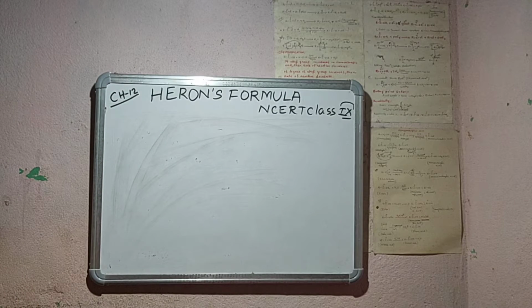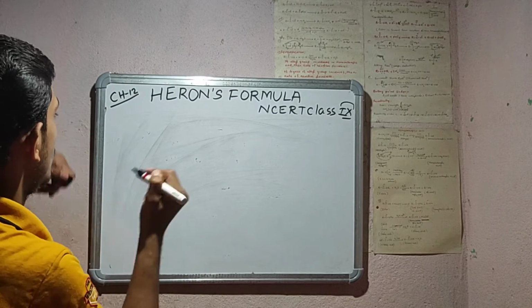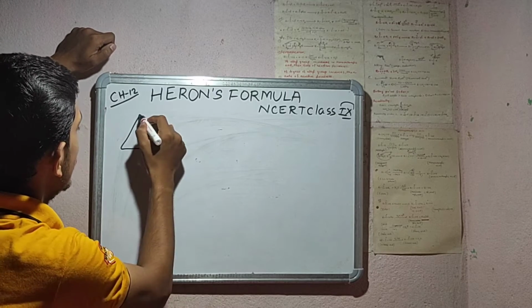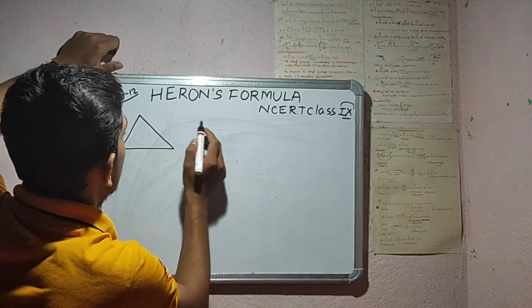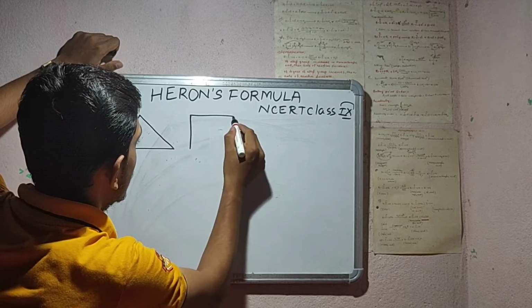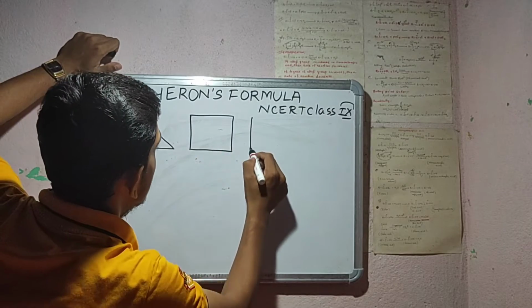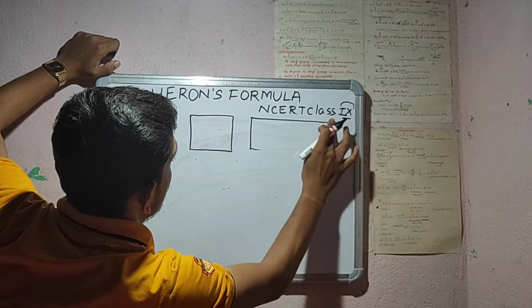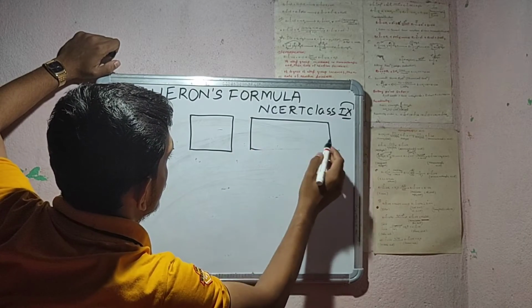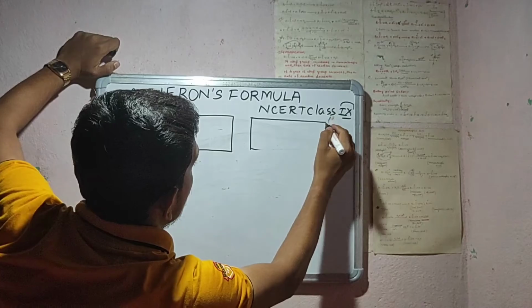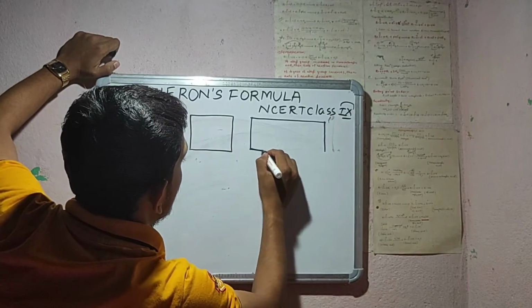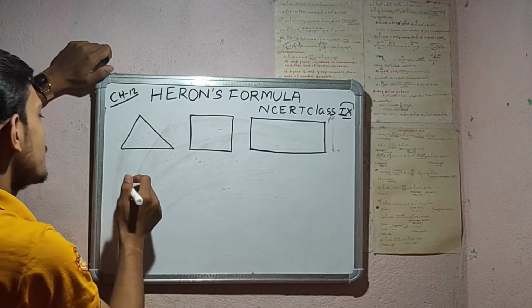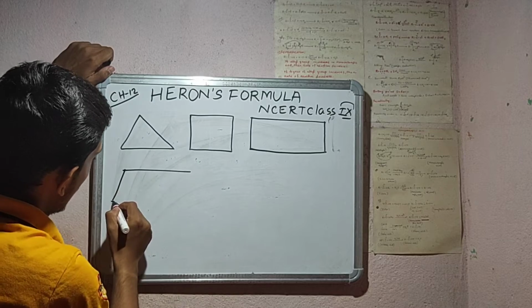This is a triangle. This is a square. This is a rectangle. This is a parallelogram.